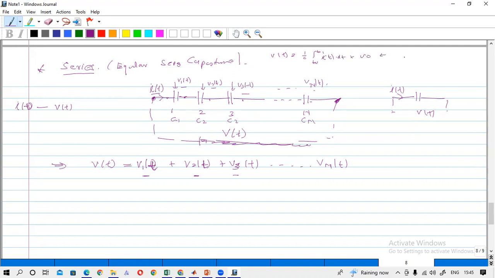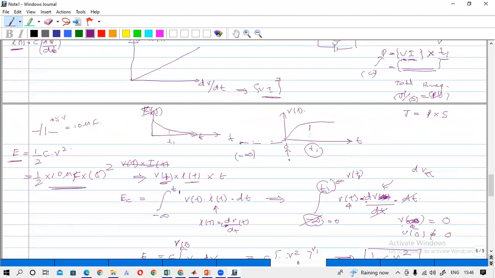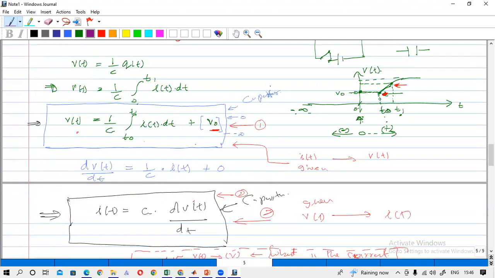And the second one is It is equal to C dV by dt. So this is the second one. So what equation should we use, the first equation or the second equation?